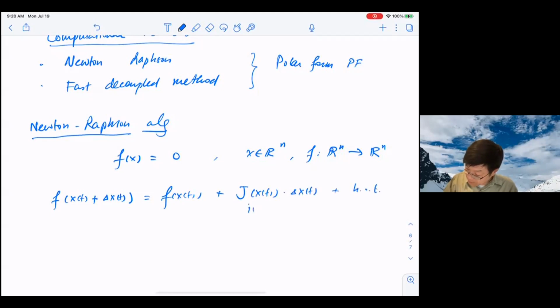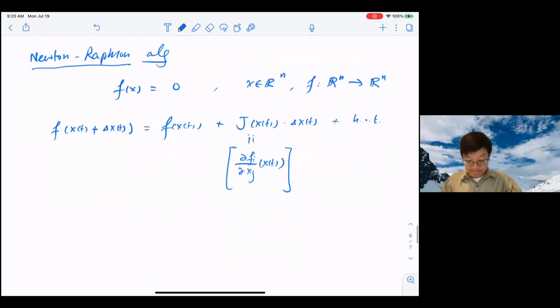So this is the matrix of the partial derivatives of f_i with respect to x_j evaluated at x_t. This is the Jacobian matrix, okay? So this matrix, we'll just write as Df(x_t).